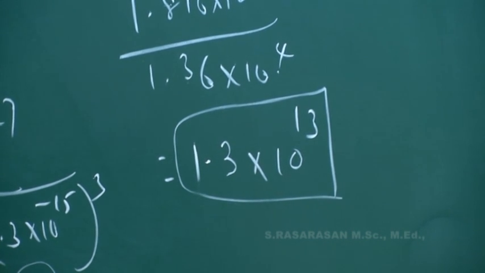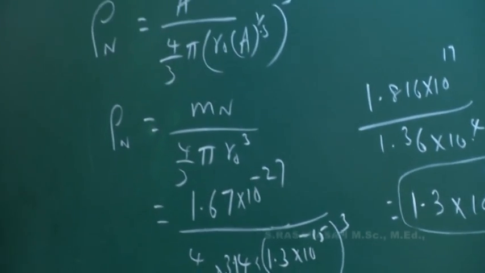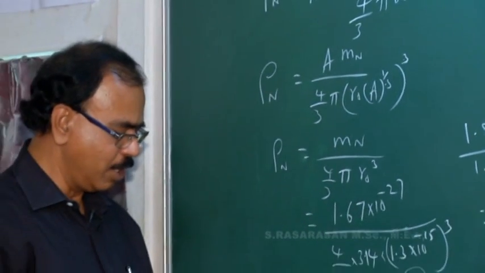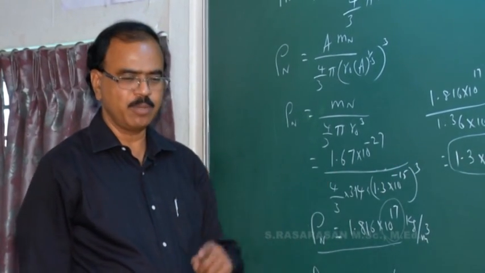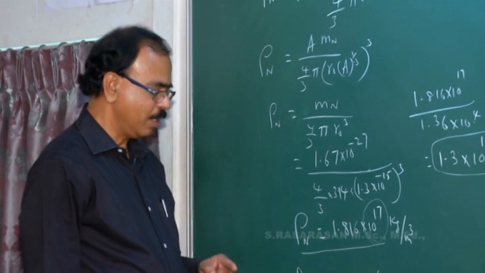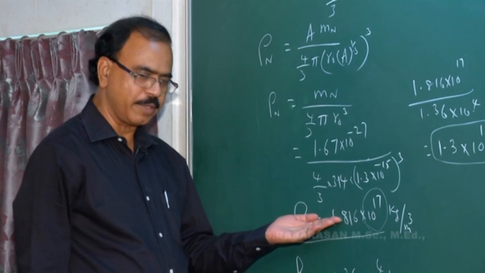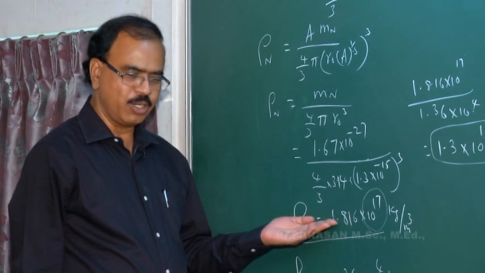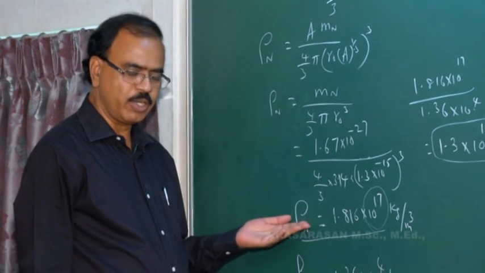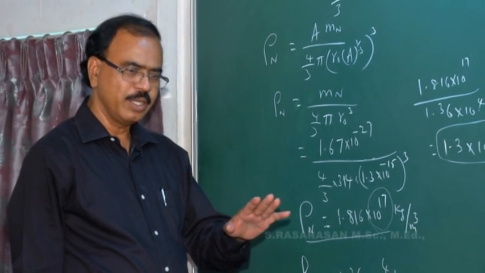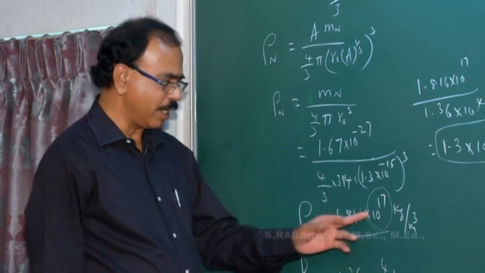So nuclear density is constant. The ratio of the nuclear density of mercury nucleus to the density of mercury is 1.3 × 10^13. The mercury substance ஒரு mercury nucleus or density. Even this is the density of hydrogen nucleus. Even this is the density of helium nucleus. Nuclear density is always constant. Reason: the space is very small and the mass is small, highest density.